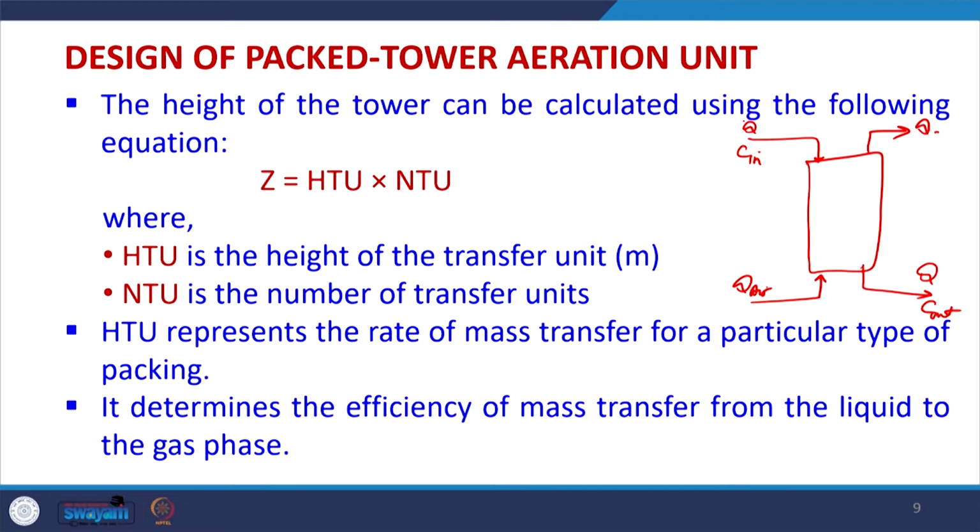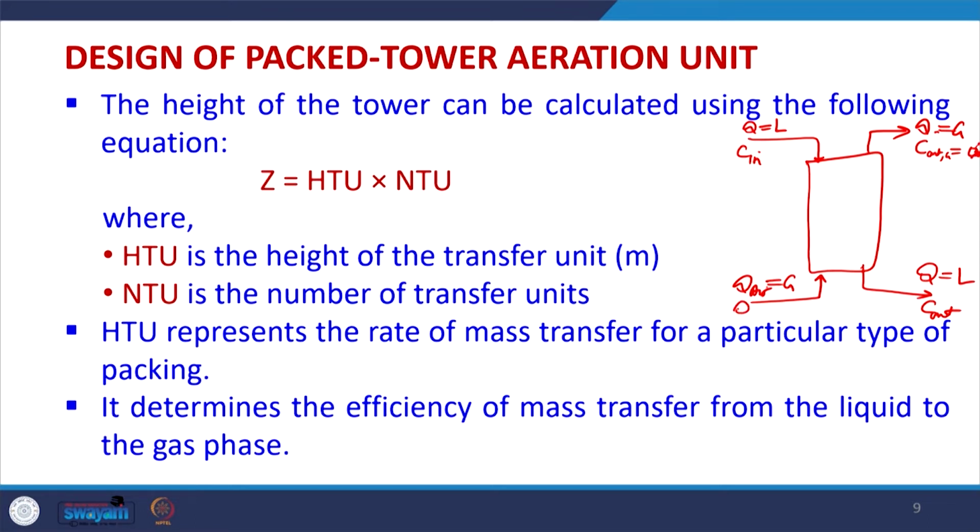For the packed bed, Q is generally represented as L because it is in the liquid phase, and air, which is in the gas phase, we write as G. L and G are common known things, and for the gas phase the C out will be equal to some particular value, not 0.